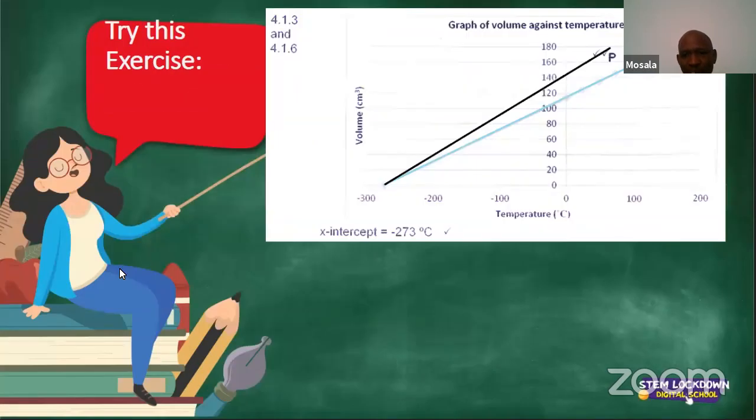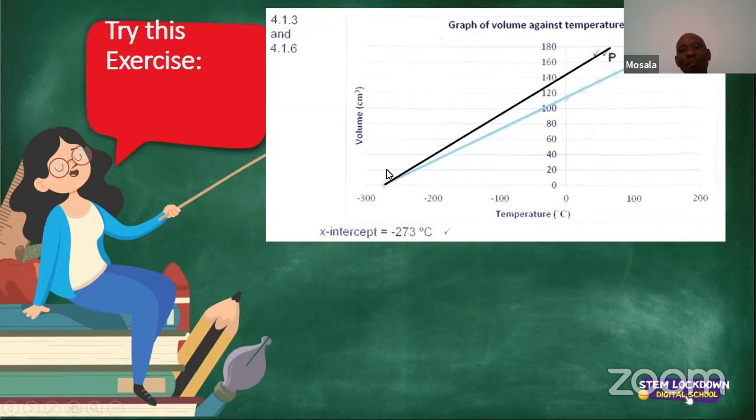If the graph was ending here, and we extrapolate until it touches the x-axis, the axis with temperature, you would see that it touches it at this temperature, and this temperature is minus 273. So minus 273 is 0 Kelvin. So 0 Kelvin is absolute zero.